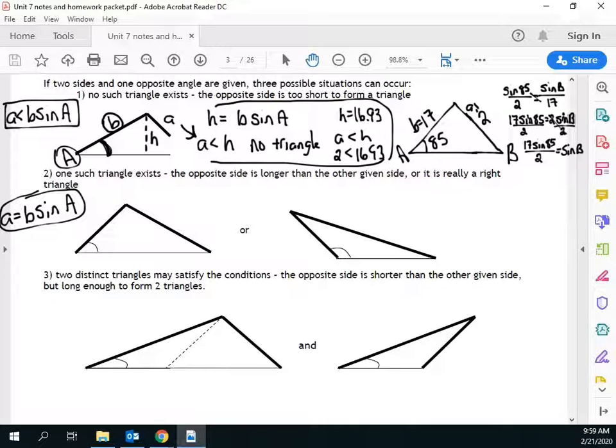The last one: if side A is greater than B sine A, you have two triangles. You have to memorize these, so I'm writing them down and boxing them for you.